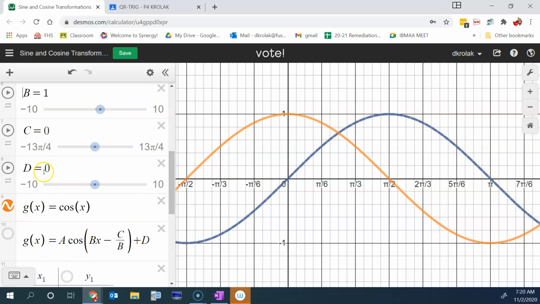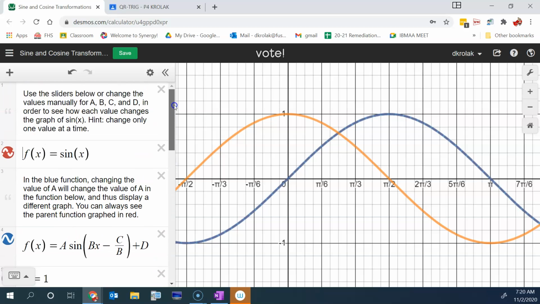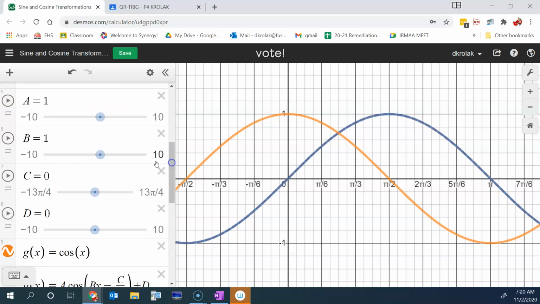We want to do one transformation that'll take that blue graph and make it equal to the orange graph. So using these sliders, you're just going to use one of them at a time. Only one of these is going to take this graph and change it into a sine graph. And you've got to find the transformation.